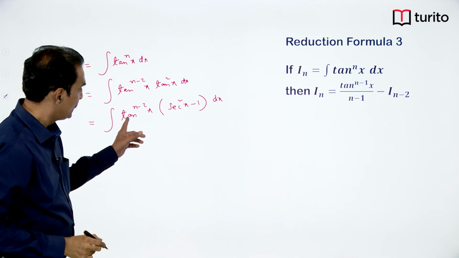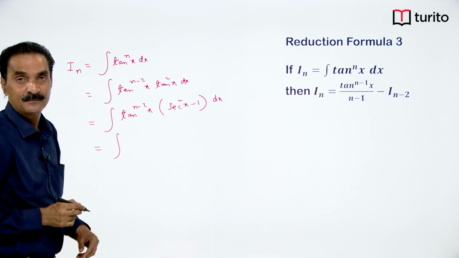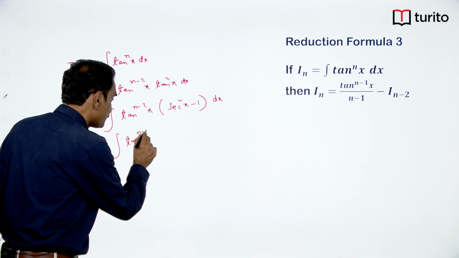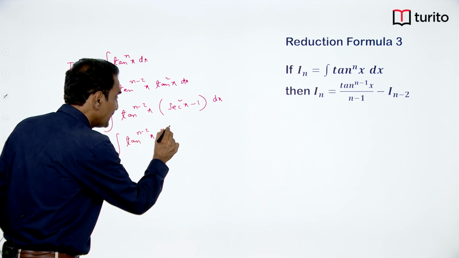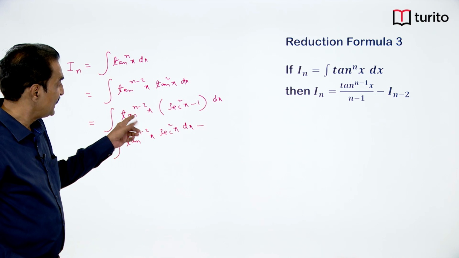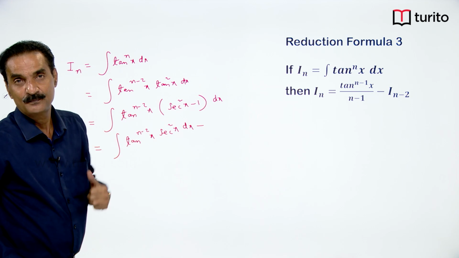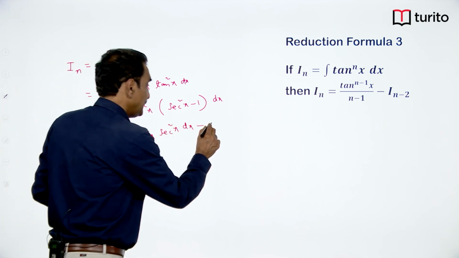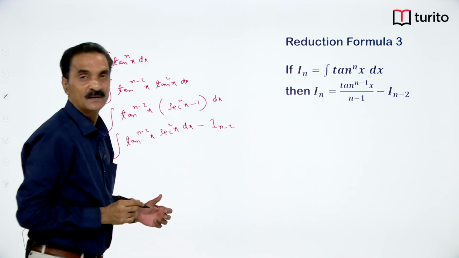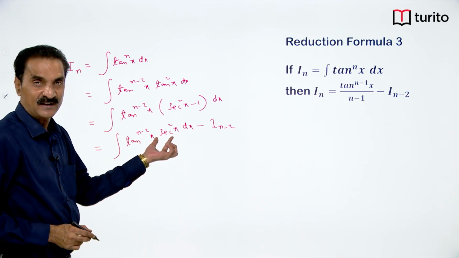Now, split it into two integrals. The first integral is integral tan power n minus 2x into secant square x dx minus the second one, integral tan power n minus 2x into 1, that is I n minus 2. Now, what is this integral? Derivative of tan x is secant square x.